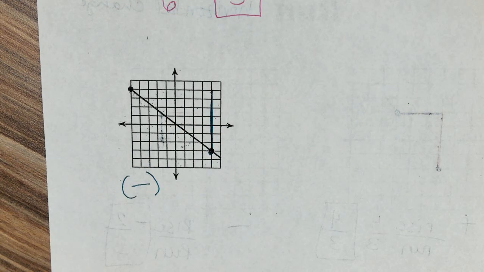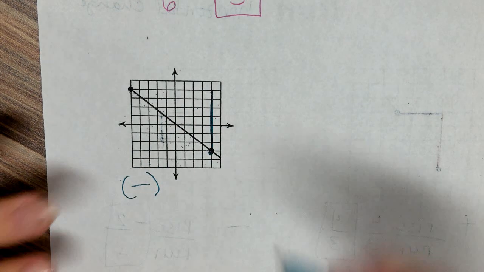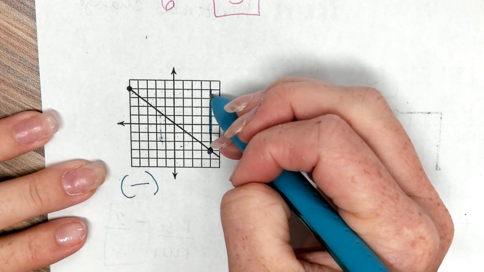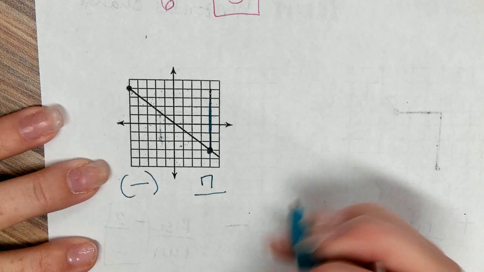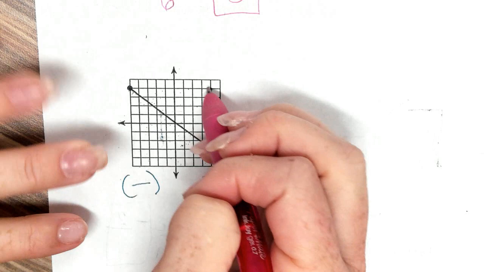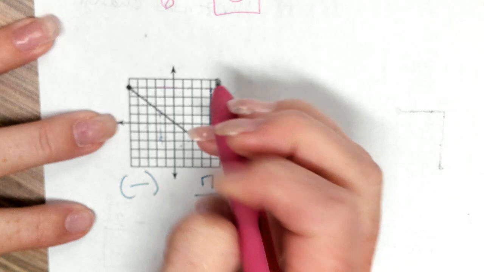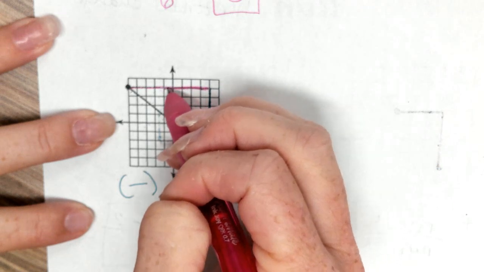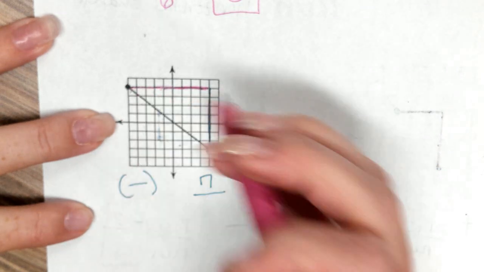You have to stop once you get to it. Okay? So I'm going to count 1, 2, 3, 4, 5, 6, 7 up. So my rise is 7. My run from here to here is left, which tells me negative. 1, 2, 3, 4, 5, 6, 7, 8, 9.